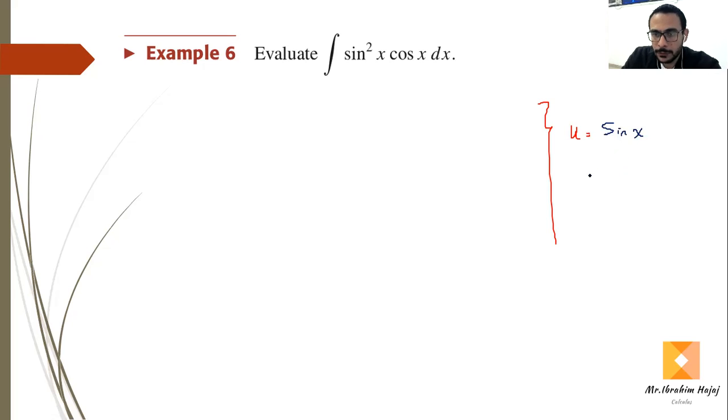Please pay attention, all of you. Now we must do the derivative of sine, because if it's sine squared, you have a chain rule.